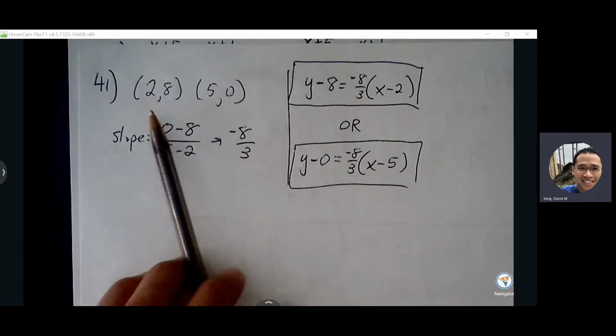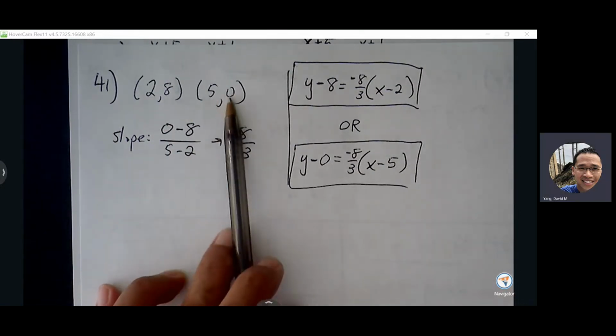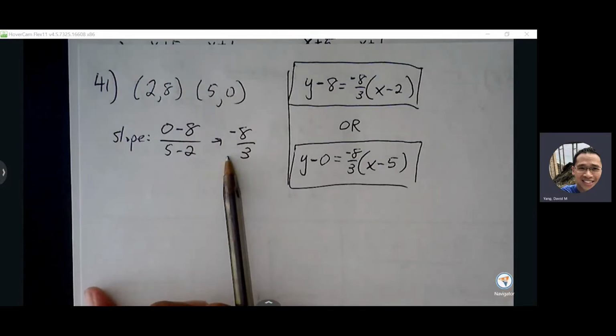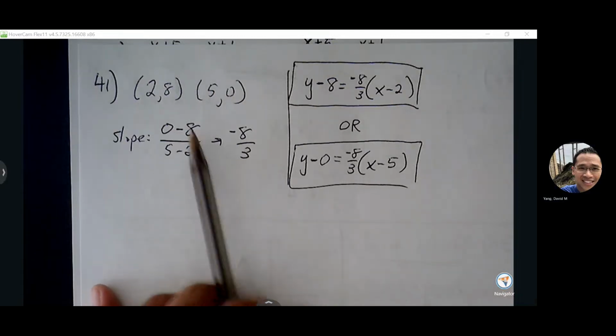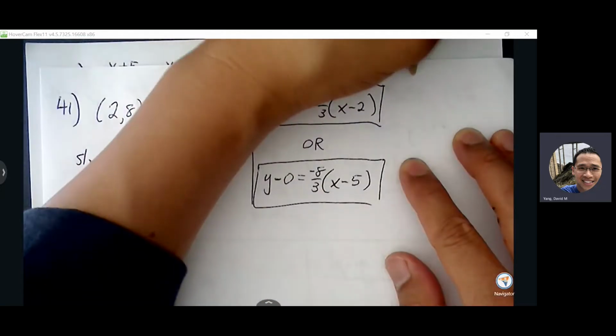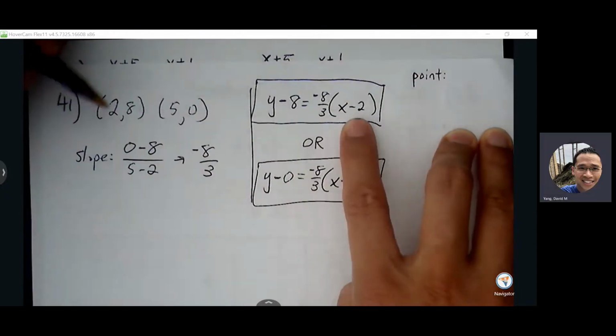So if I'm given 2 points, I can find the slope. So change in y over change in x, 0 minus 8 over 5 minus 2, that's -8/3. Now, if I have slope, I can use either ordered pair to get into point slope form, right? So here, my point is 2, 8.